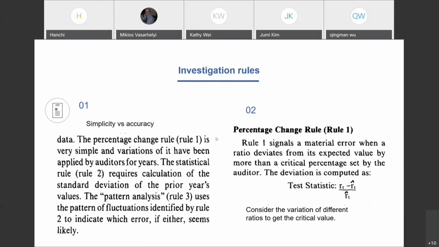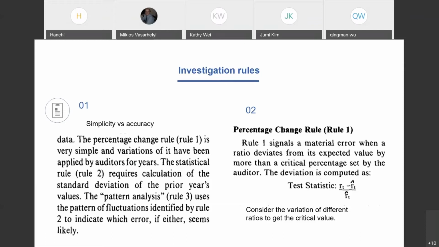The first one is very simple. We can see that the RT here is the value we get, and the R with a cap here is the expected value, which is adjusted by the industry.